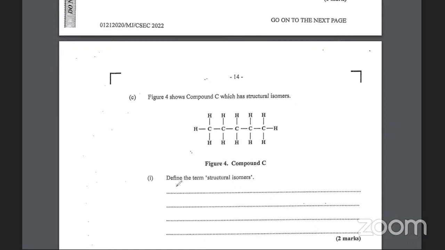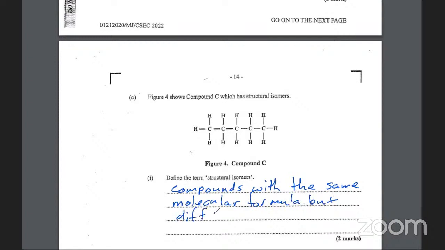So structural isomers are compounds with the same molecular formula but different structural formula.